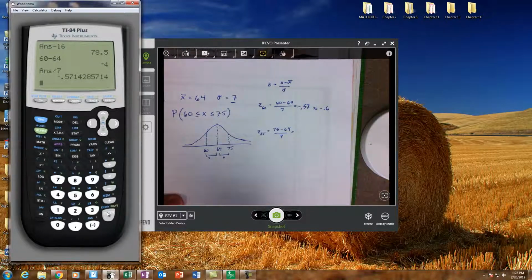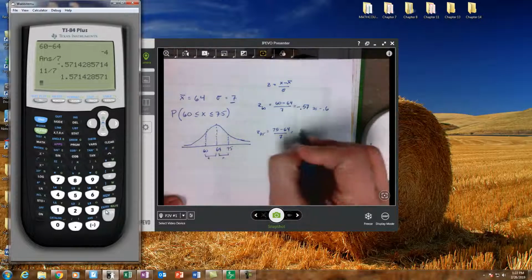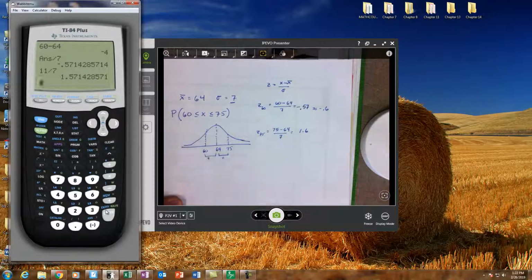I've got to round it to just one decimal place for the table we're using. There are tables out there that are more accurate, but we're going to deal with one decimal accuracy here. And then if I do the 75 minus 64, it's obviously 11, divided by 7 is 1.57 or 1.6. Those values tell me how far I am from the mean in standard deviations.